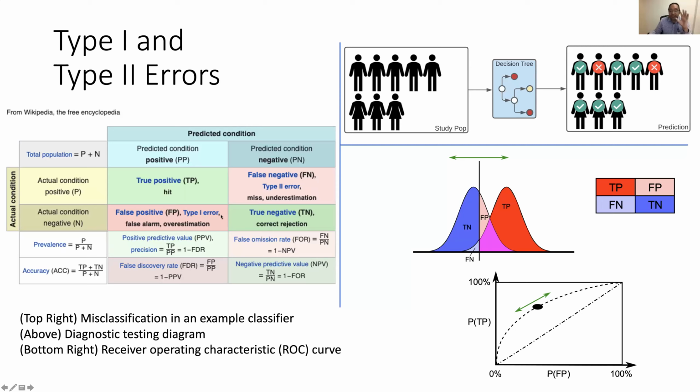So this is the classic definition of type 1 and type 2 errors. Pretty much everything is going to be based on that formalism, okay? So let's imagine now that your classifier is tunable, and they all are, okay?